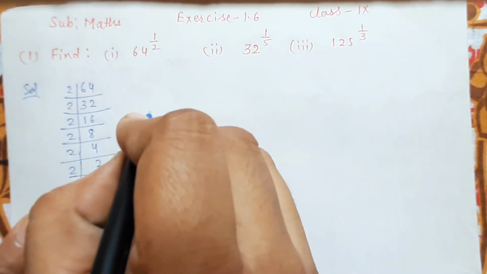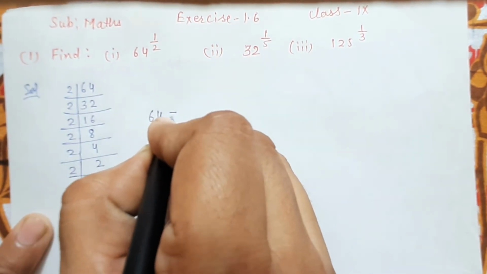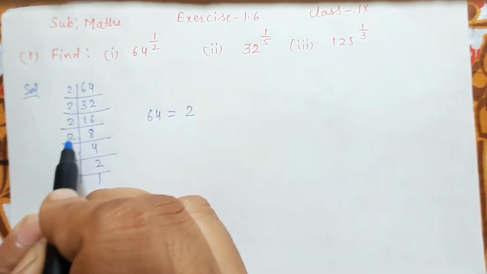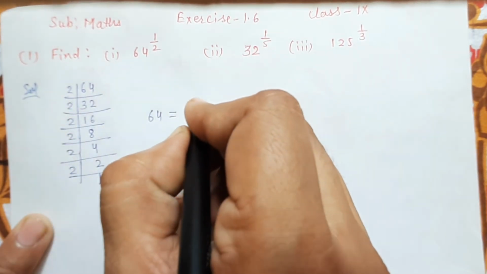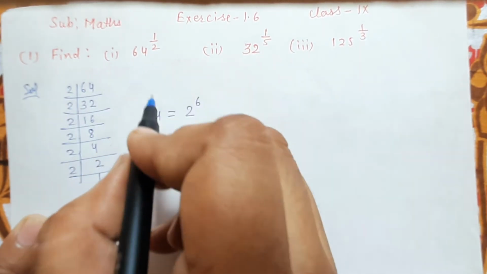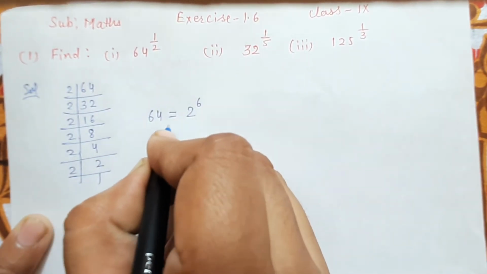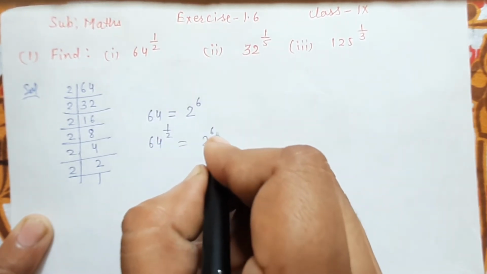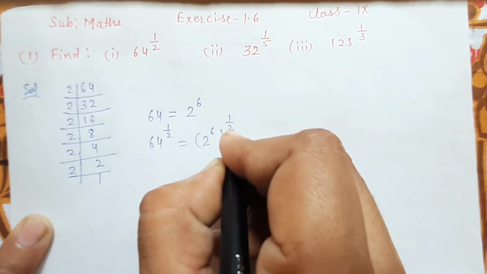So this 64 can be expressed as 2 raised to power 6. Hence we can write 64 raised to power 1 by 2 is equal to 2 raised to power 6 whole power 1 by 2.